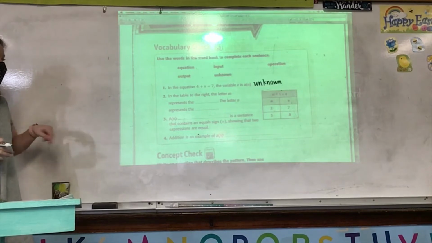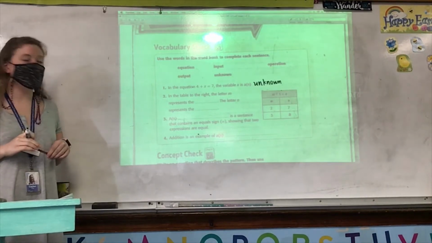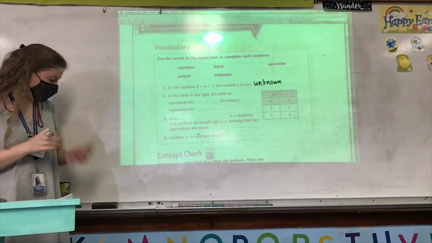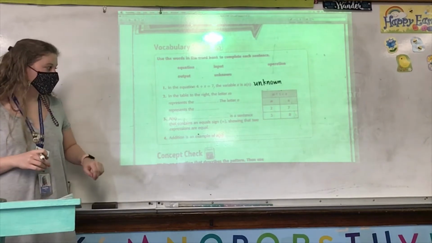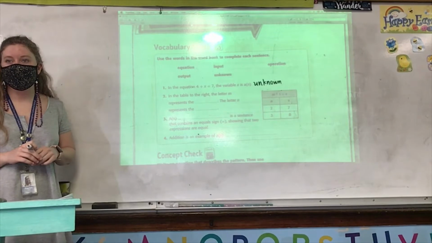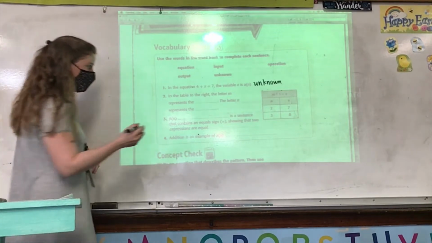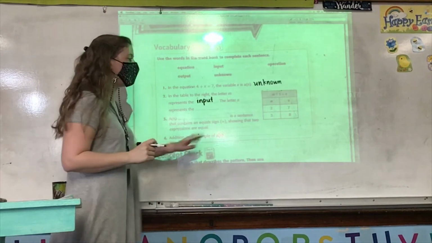Number 2, in the table to the right, the letter M represents the blank. The letter N represents the blank. Cullen, what goes in the first blank? The letter M represents the input. Remember, the input is what you put in.